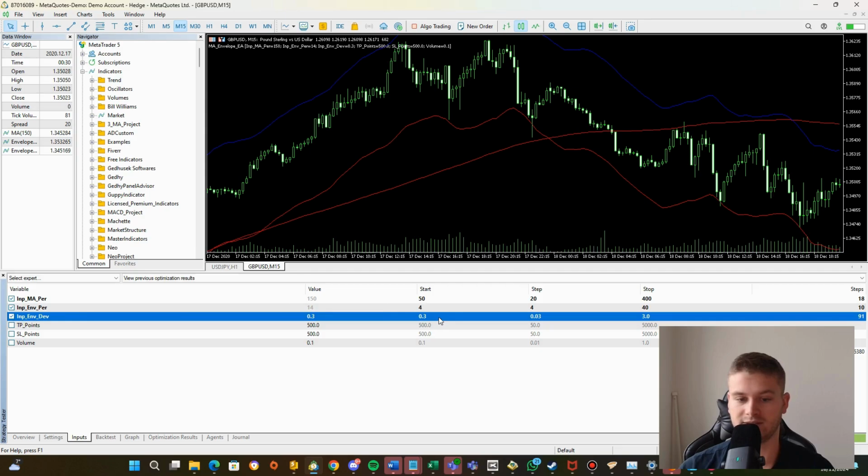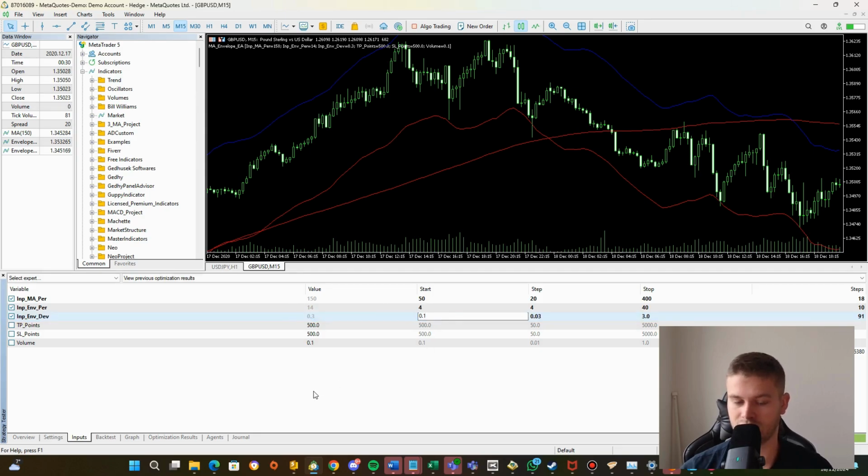So now this will be interesting. So let's start at the initial value of 0.1. Let's increase by 0.05, and let's do something like 0.6. Let's try this. Take profit points, stop loss points. This also can dramatically increase or decrease the profitability of the EA. So let's start with 100 points on each of the sides.